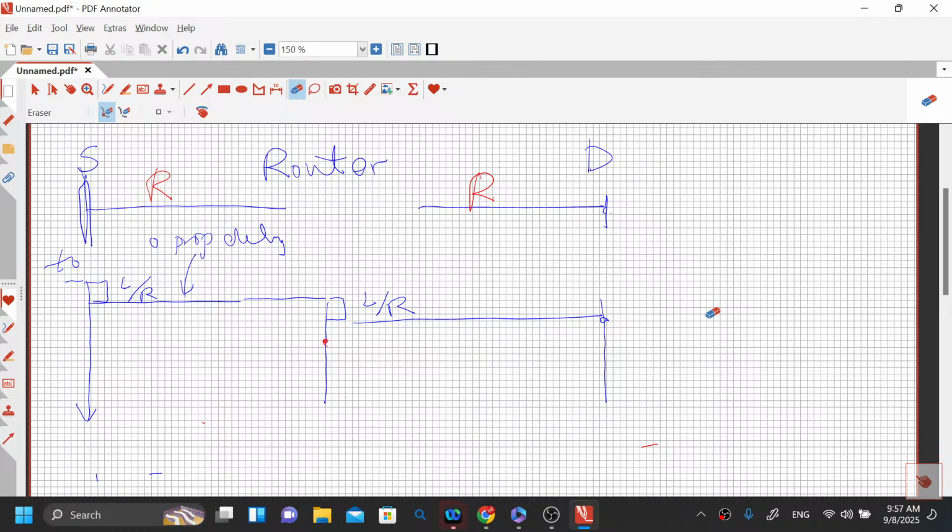I still assume we have R and R. But right now we have, for example, this one, previously a single packet, but right now ten packets.